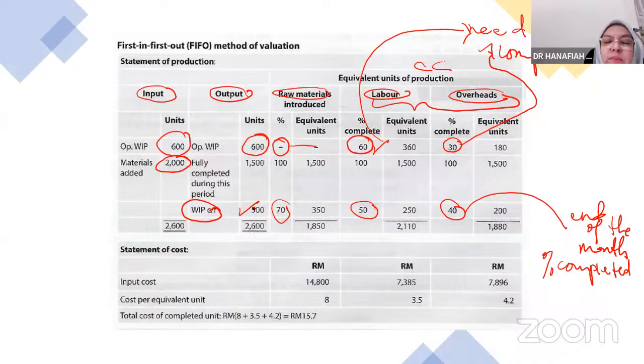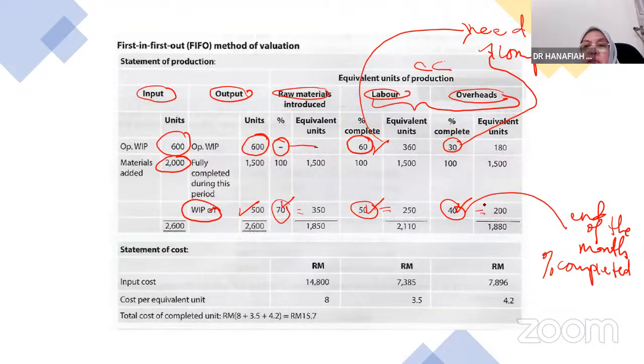So I have 500, and how much is the percentage? It is 70% completed, 50% completed, and 40% completed. As you know earlier, 70% times 500, you get this. This one times 500, you will get 250. 40% times 500, you get 200.